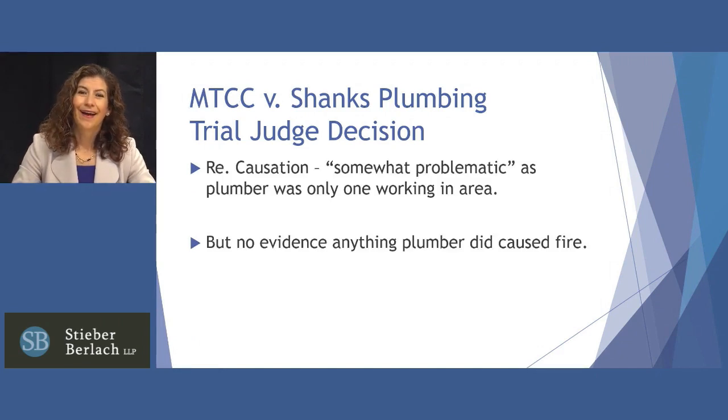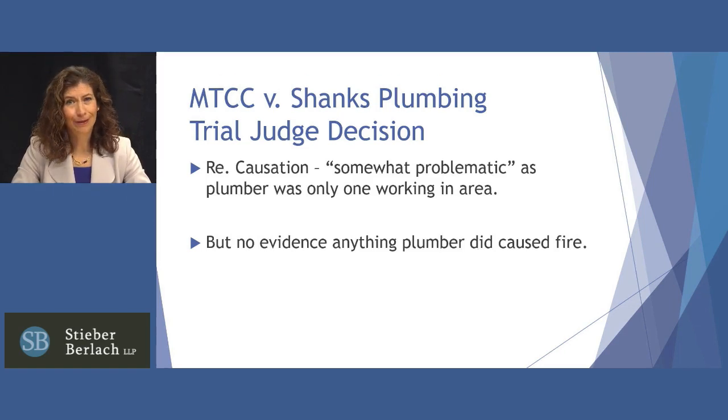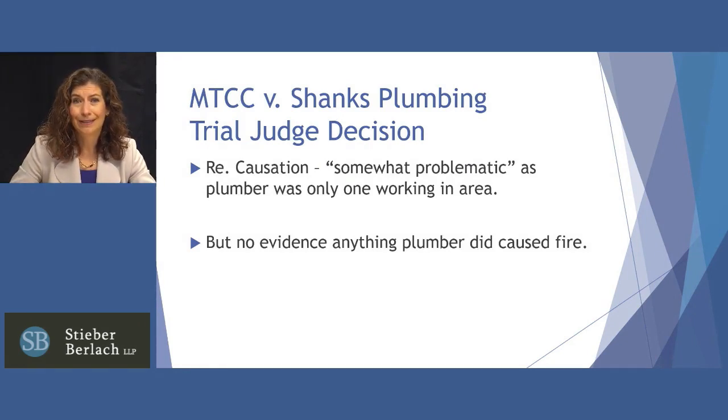Now, the causation issue was somewhat problematic, said the trial judge, because the plumber was the only person working in the area with a blowtorch, and we know the building burned down. So you would think that circumstantial evidence might allow you to infer that whatever the plumber did or didn't do, the fire was caused by the plumber, and he must have breached the standard of care somehow because we know the building burned down.